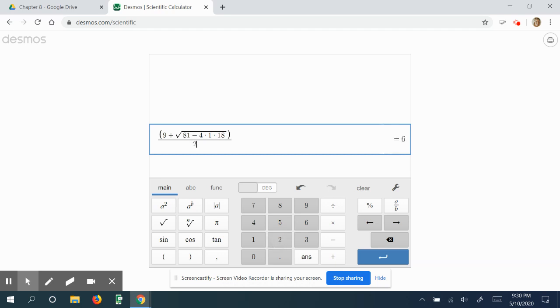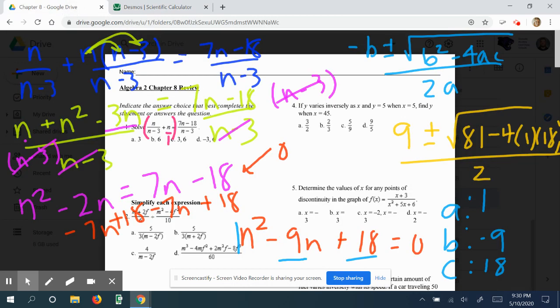So it'd be 6. Or, if I do subtraction, it's 3. So my two answers are going to be n equals 6 and n equals 3. And so my answer then would be C, which I guess got kind of jumbled up, but that's okay.